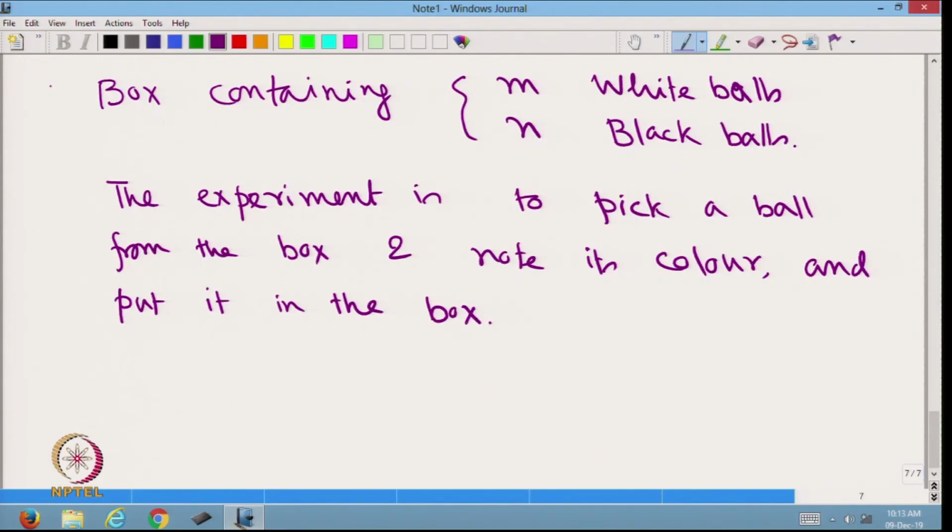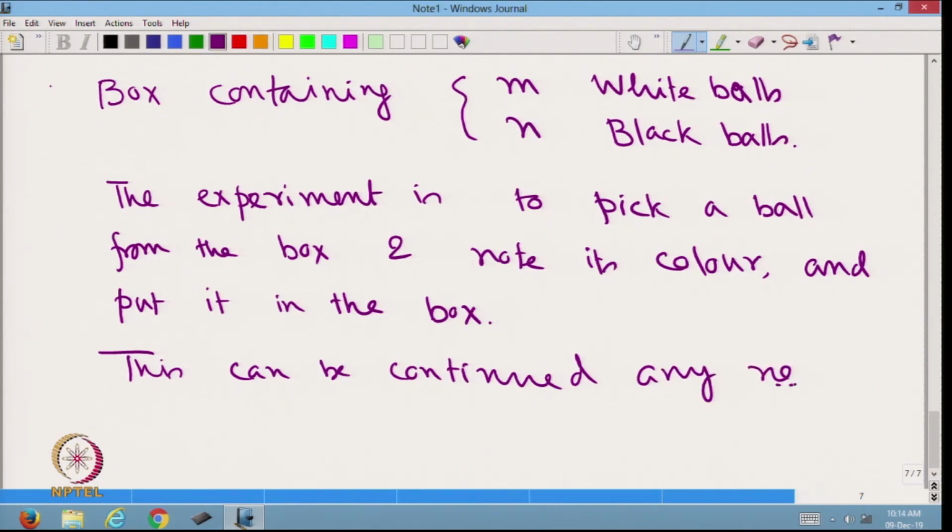As you can understand, this can be continued any number of times. This experiment is called with replacement.